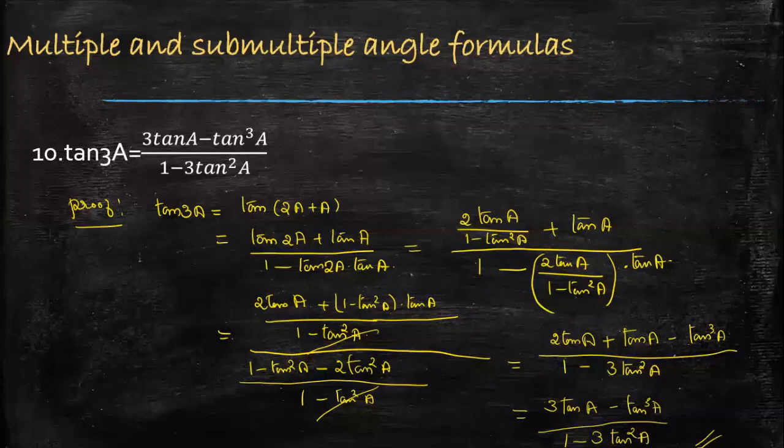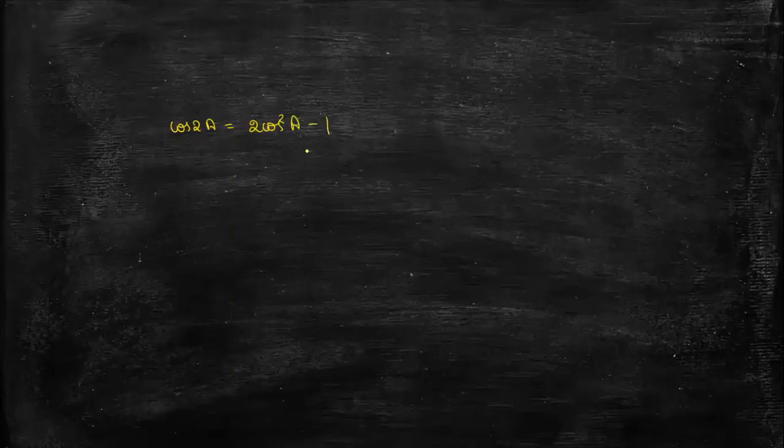See, already we have seen this formula for cos 2A: cos 2A is 2 cos square A minus 1.